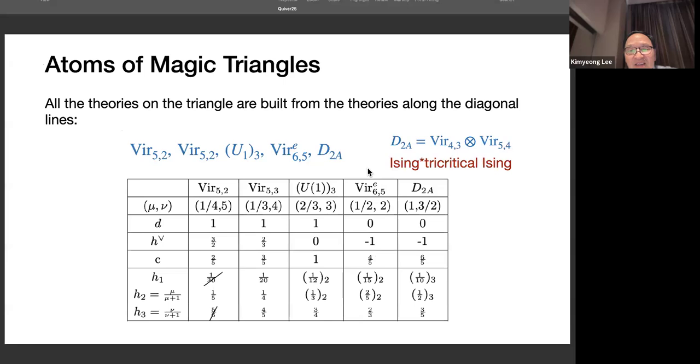And 4/5, as I said, is the tricritical Potts model, and this shows the states with primary operators and degeneracies. And U1 level 3, again, has central charge 1, but the U1 theory has a dual Coxeter number 0, and central charge is 1, dimension is 1, and here is the degeneracy of states, primary operators. And for these two series, the Lee-Yang theory has only 2 characters, so H1 disappears, and H3 disappears, and H2 is meaningful.